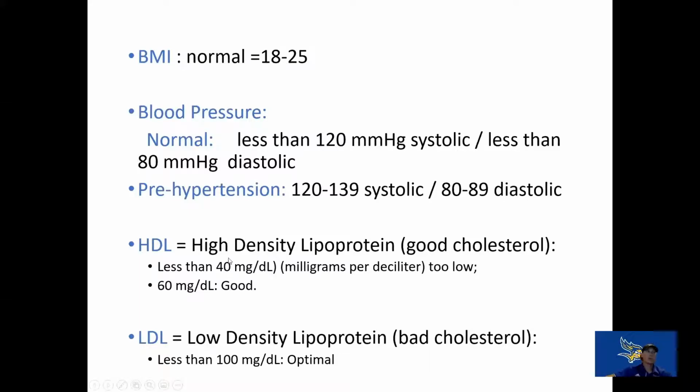Same for cholesterol. We have these specific criteria that must be less than 40 milligrams per deciliter or less than 100 milligrams per deciliter to fall into these low, normal, optimal, good, into these different categories for our evaluation of these individuals.